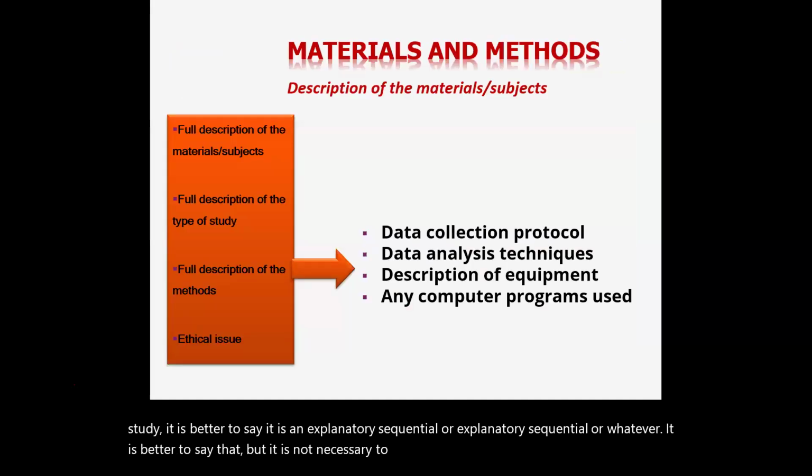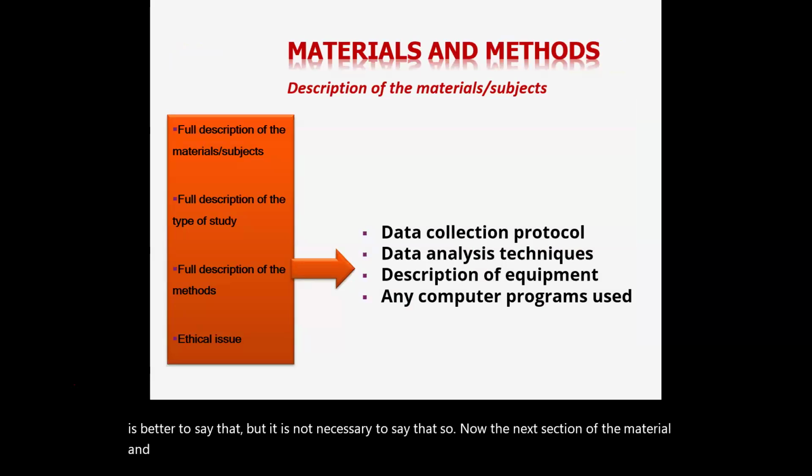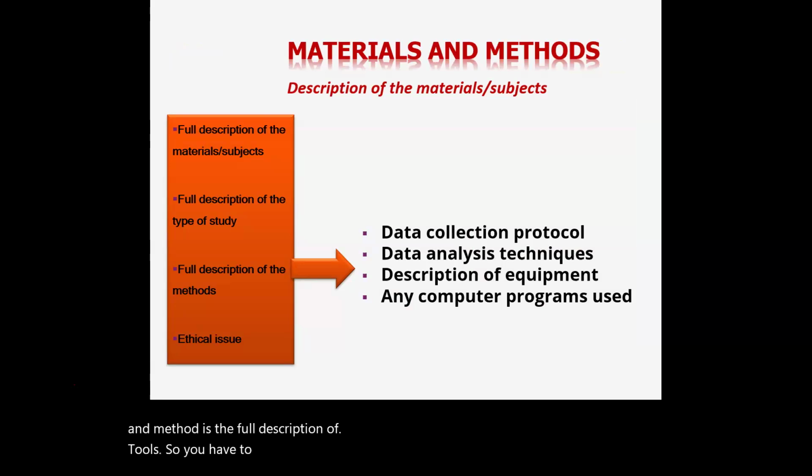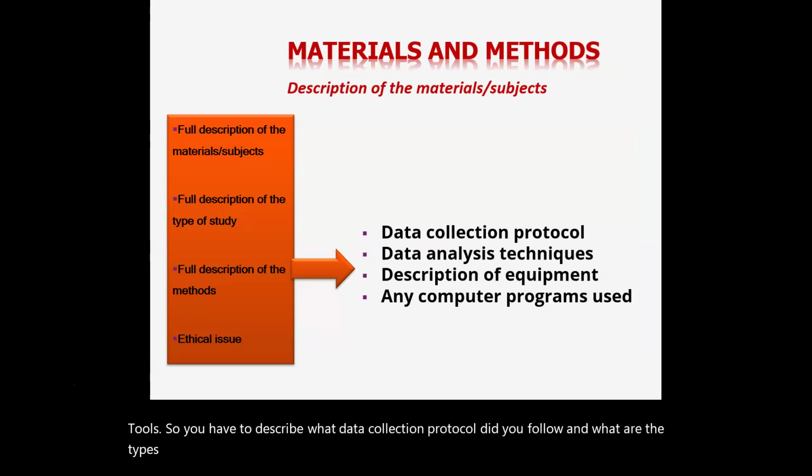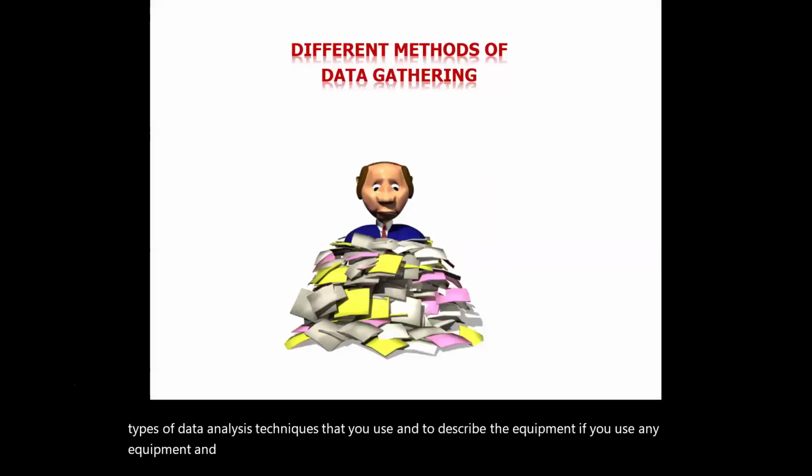So now the next section of the material and method is the full description of the data collection tools. You have to describe what data collection protocol you followed, what types of data analysis techniques you used, the equipment, if you used any, and any computer program you used.